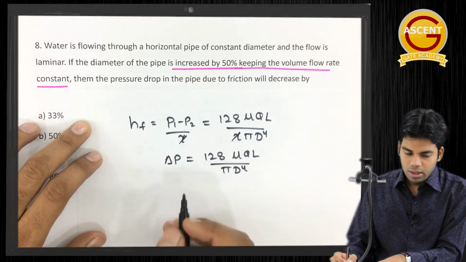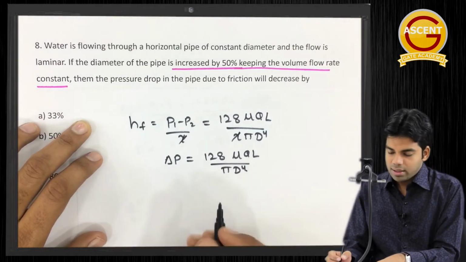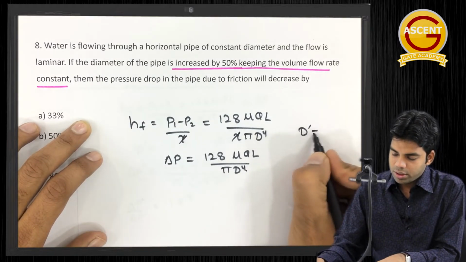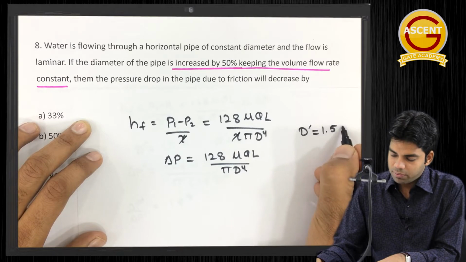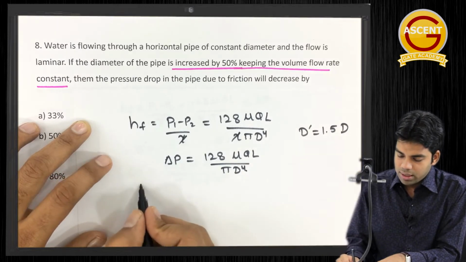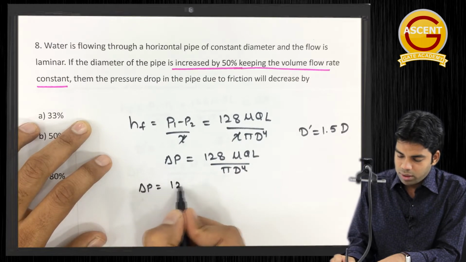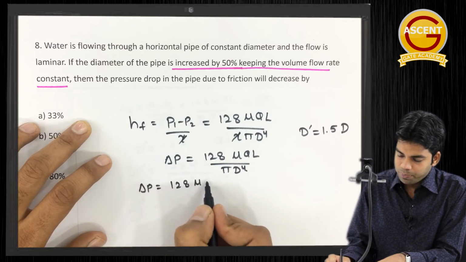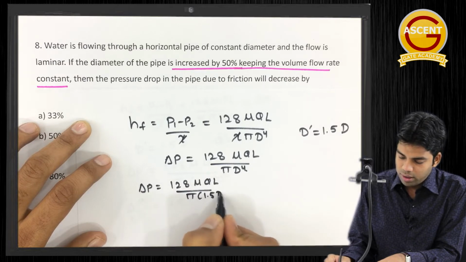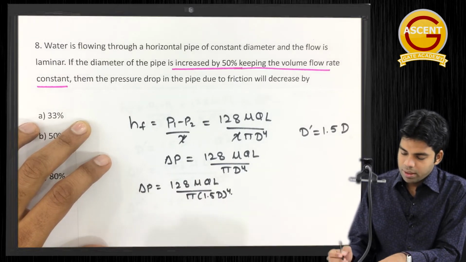Getting this? Okay, now in second case the diameter is increased by 50%, so d dash will be equal to 1.5 of d. So in next case this del P dash will be equal to 128 mu QL by pi into 1.5 d dash power 4. Getting this now?